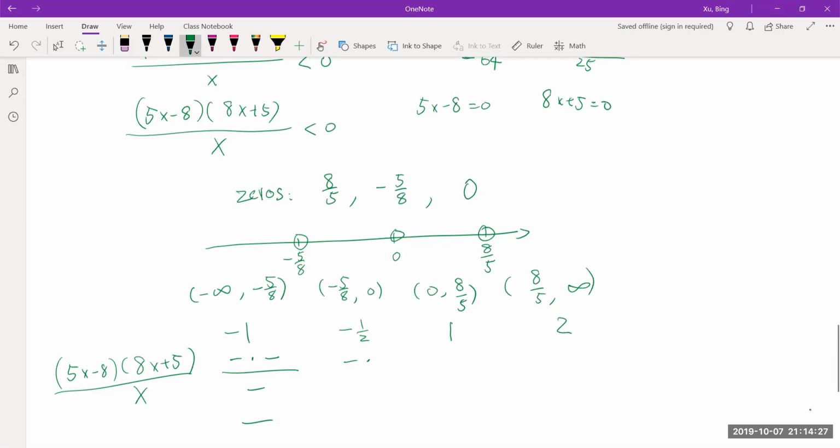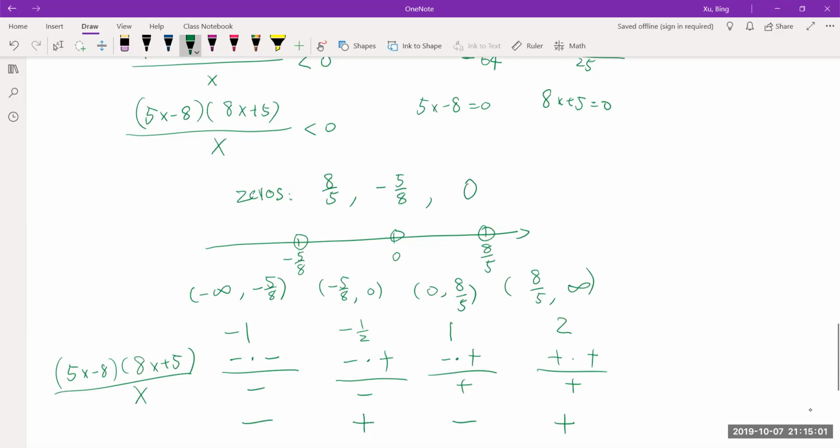Negative 1/2 times 8 is negative 4, plus 5, positive, over negative. Overall, positive. All right, plugging in 1: 1 times 5 is 5, minus 8, negative. Then positive, overall negative. Plug in 2: 2 times 5 is 10, positive times positive over positive, so overall positive.